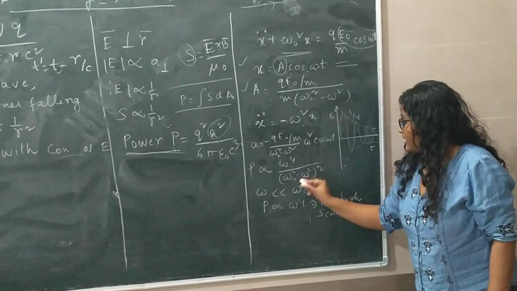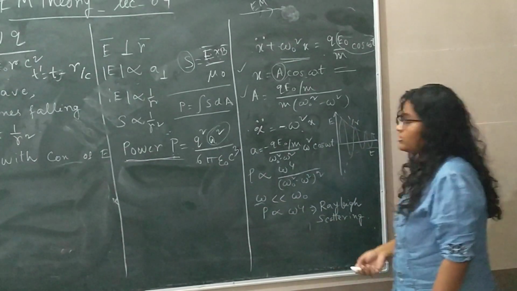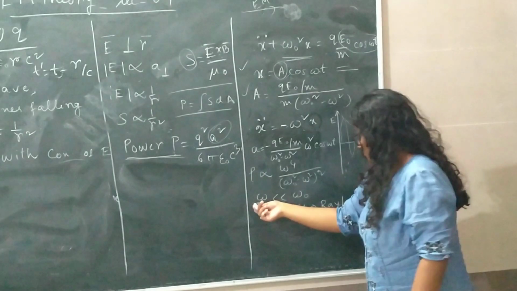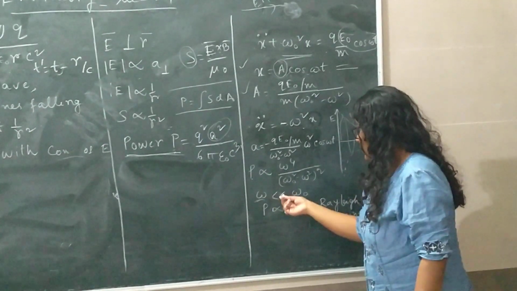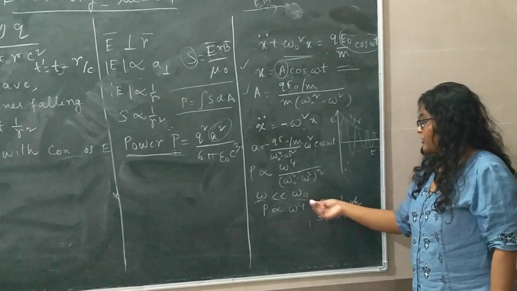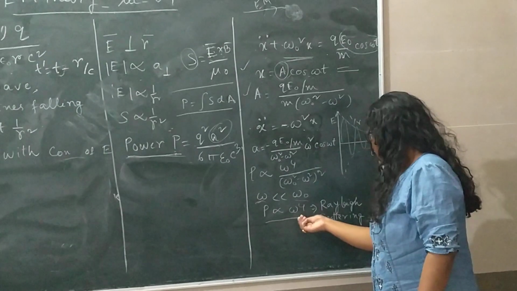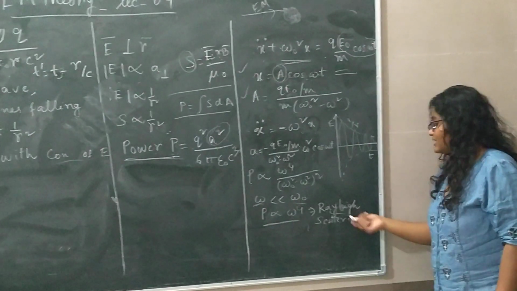Consider omega much less than omega naught, where omega is the frequency of the incident electromagnetic field, much lower than the natural frequency of the electron. Then power is proportional to omega to the power 4, and this is Rayleigh scattering.